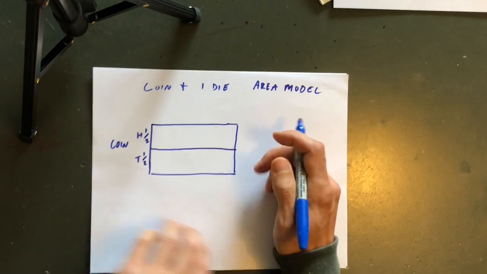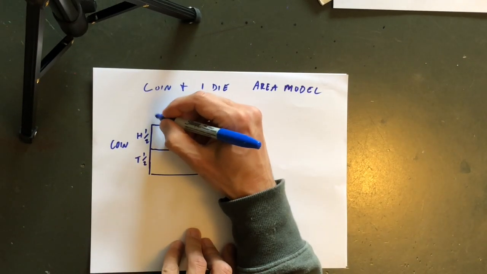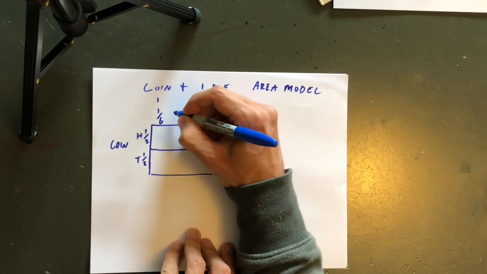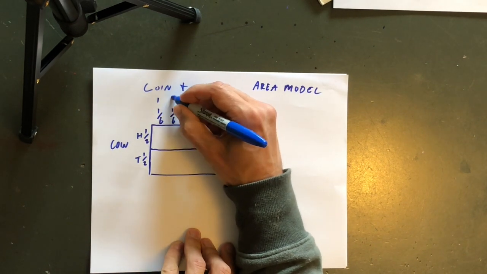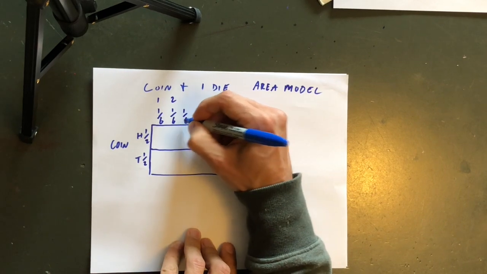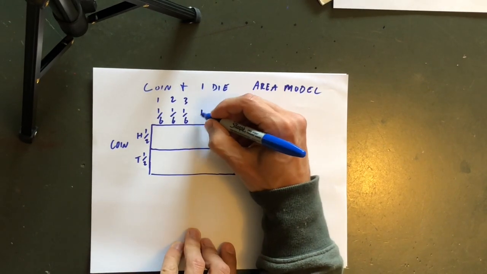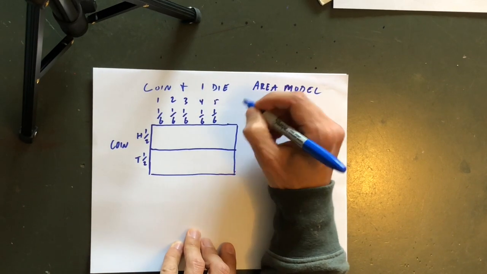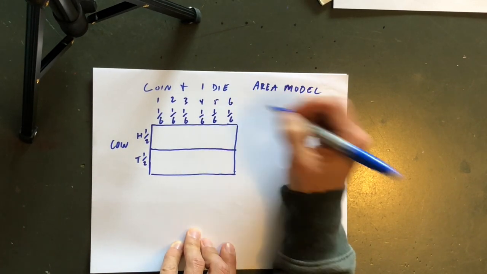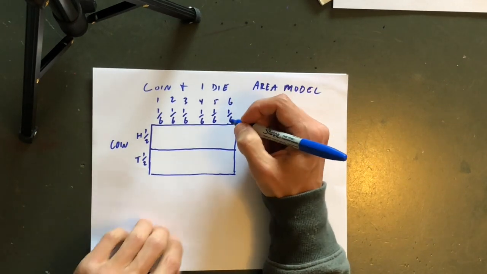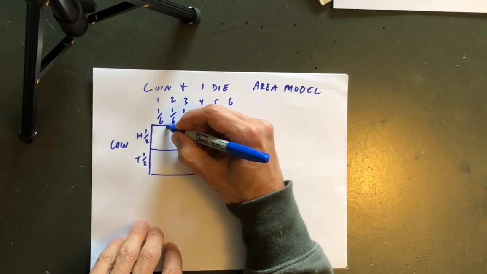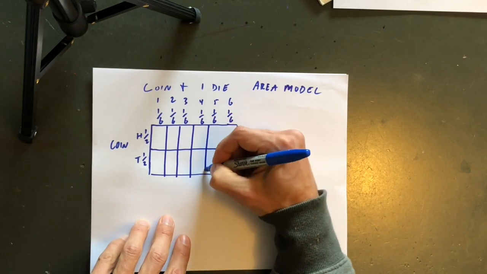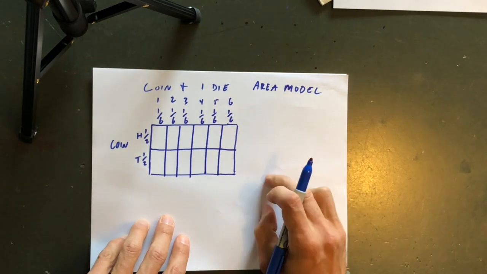And then for the die, we could either have 1 out of 6 for the 1, a 1 out of 6 for the 2, a 1 out of 6 for the 3, 1 out of 6 for the 4, 1 out of 6 for the 5, and 1 out of 6 for the 6. That's right. There you go. So then we're going to cut this up into little sandwiches. That's right. Baby sandwiches. There you go.